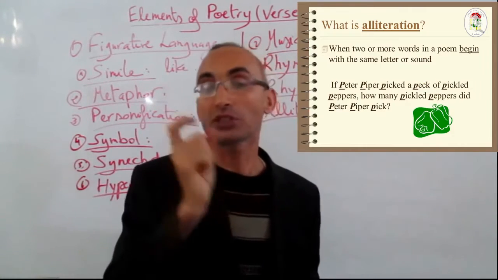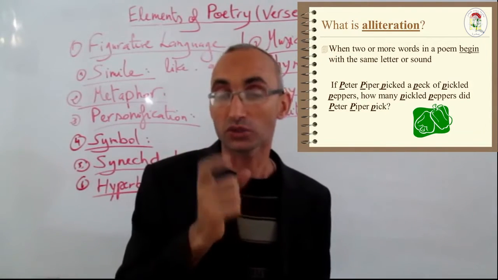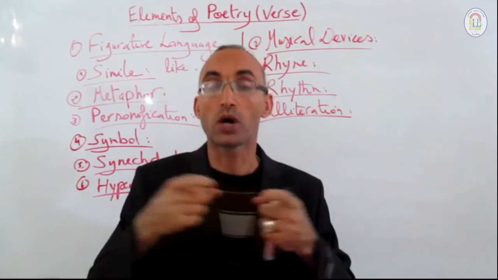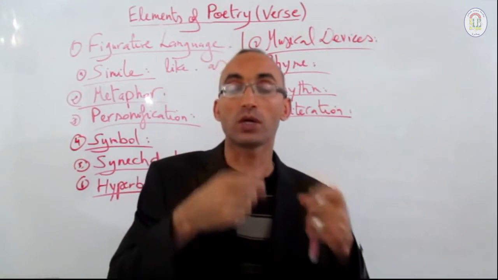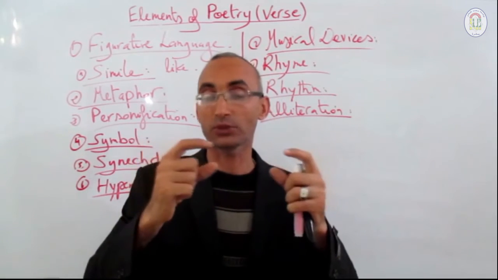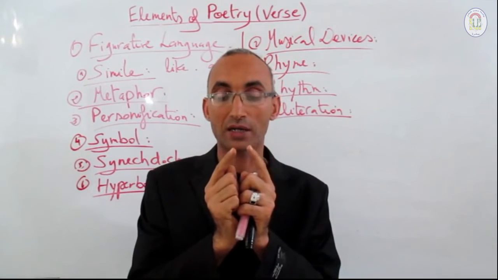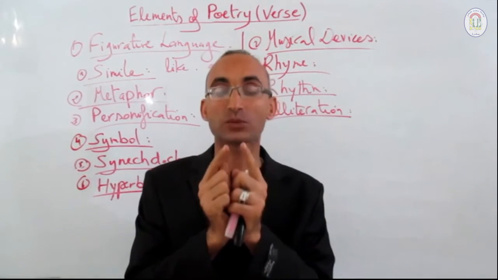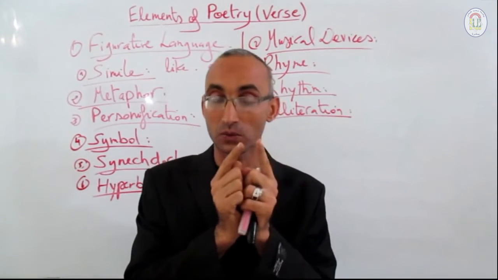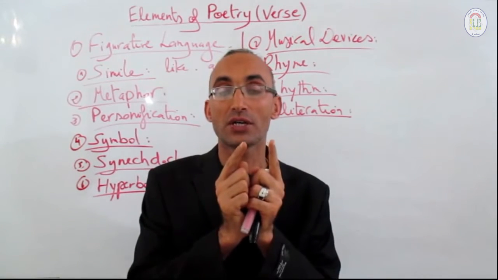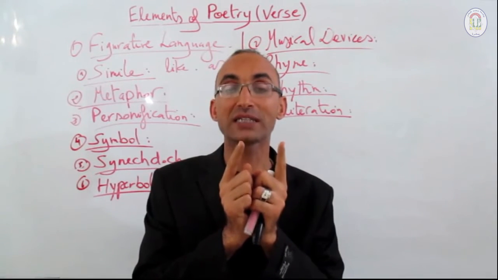Here it is repetition of the same sound, usually consonant, at the beginning of close words. Of the close words, we have words in a poetic line. When we have some words which are near to each other and start with the same consonant or letter, let's say, or sound, we call this technique or this device alliteration.